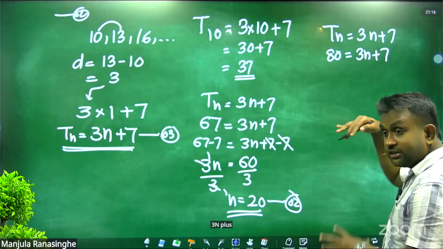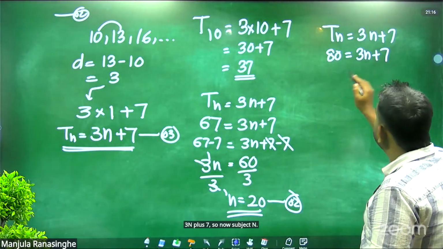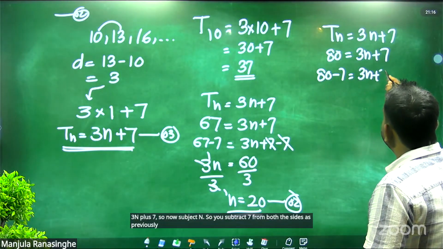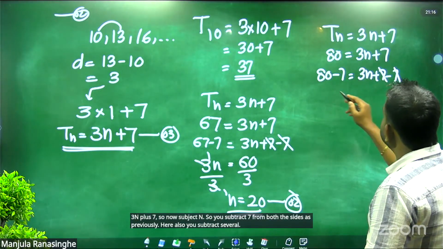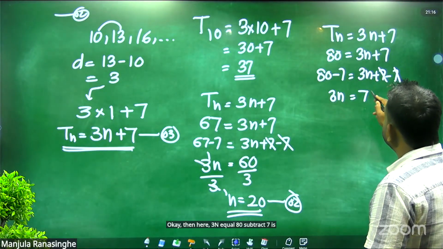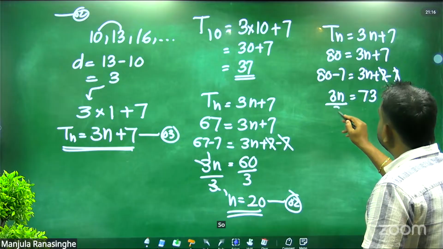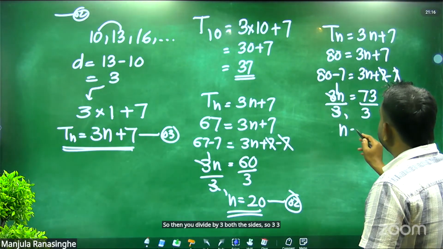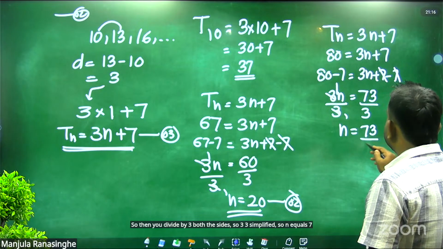Subtract 7 from both sides, so 3n equals 80 minus 7, which is 73. Divide by 3 on both sides, so n equals 73 upon 3.